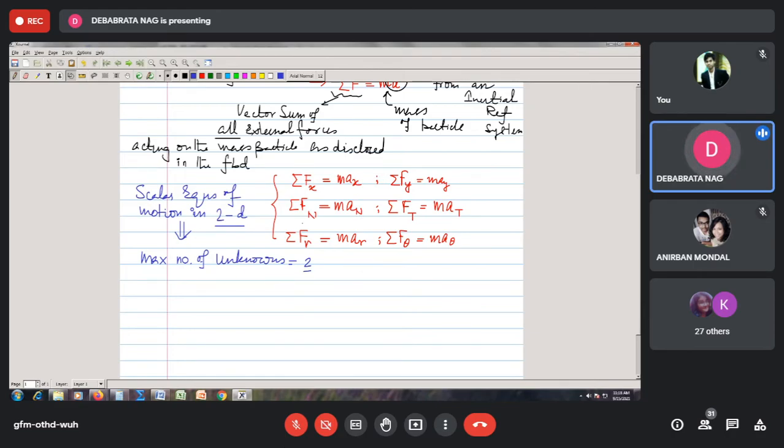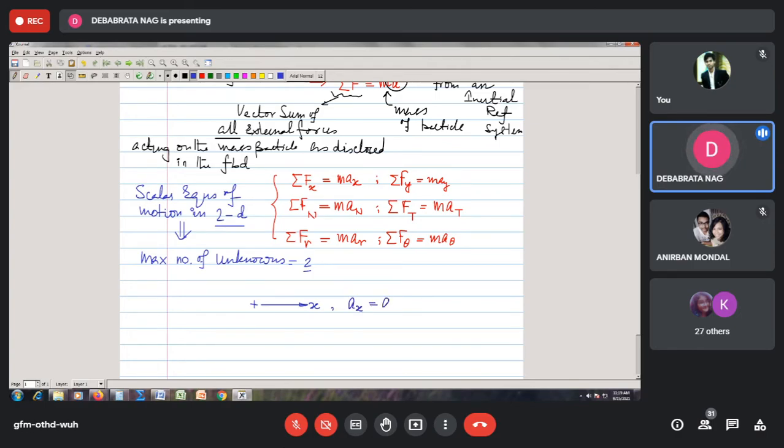Okay. And coming back to the rectilinear motion, which is a simple subset of curvilinear motion, what you will find here is this. Suppose your particle is constrained to move along the x-axis. What that essentially means is that you have the acceleration only in the x direction.